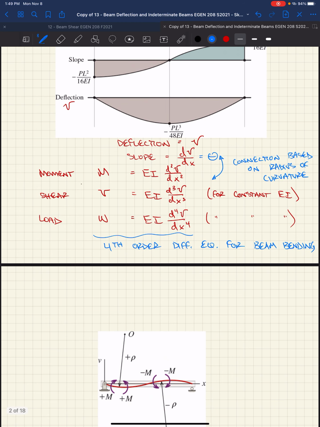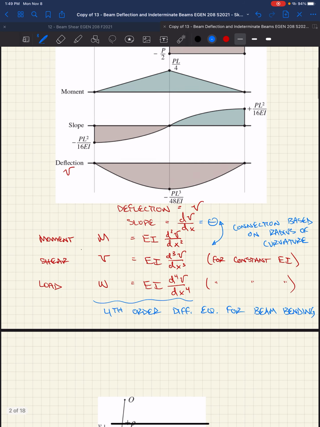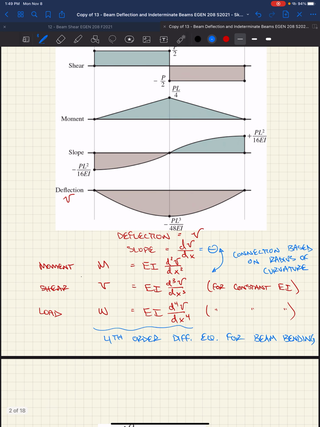So how do we get from, I think it's fairly easy to say, if we knew that we had a deflected shape, the slope is just that, right? The slope of our deflected shape, okay? So we go from deflection to slope. The definition of derivative is slope of a line, right? Change in something over a length, right? And so to get from deflection to slope, not too bad.